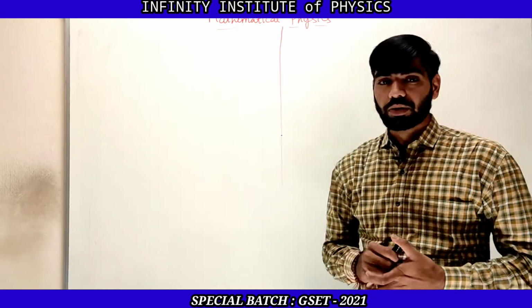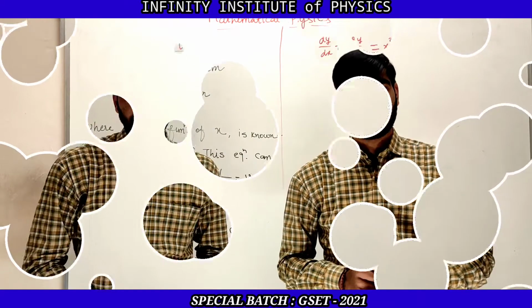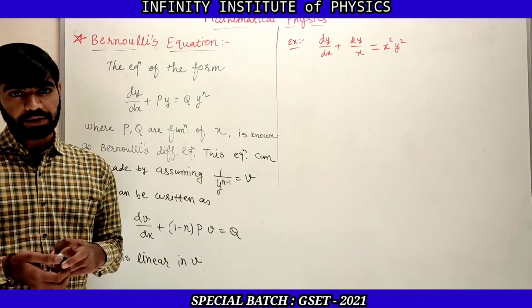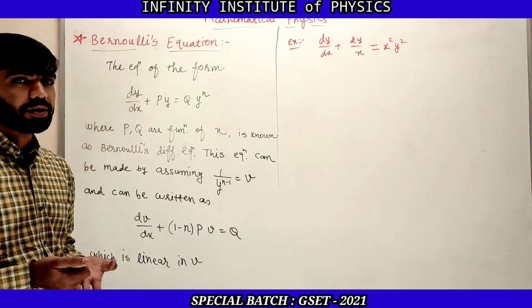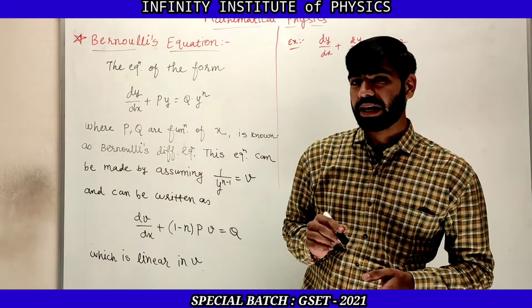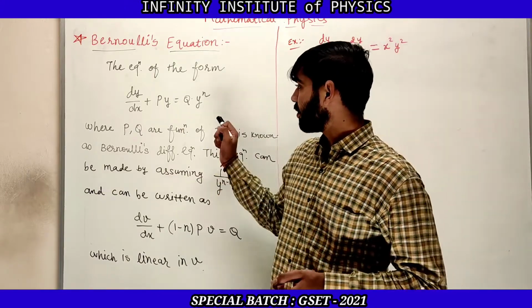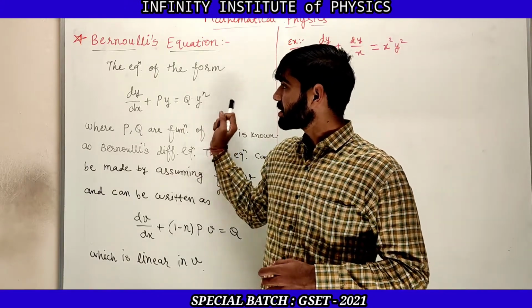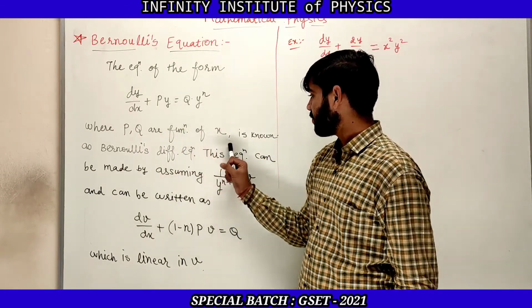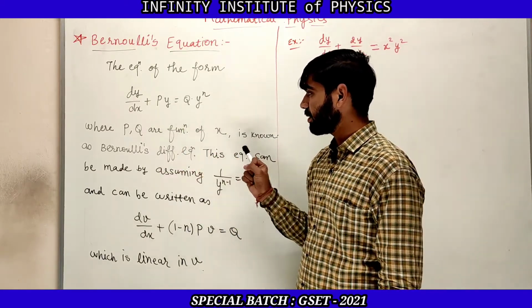So let us go through Bernoulli's differential equation. As I already told you, a differential equation of the form dy by dx plus py is equal to q into y raised to n, where p and q are functions of x, is known as Bernoulli's differential equation.